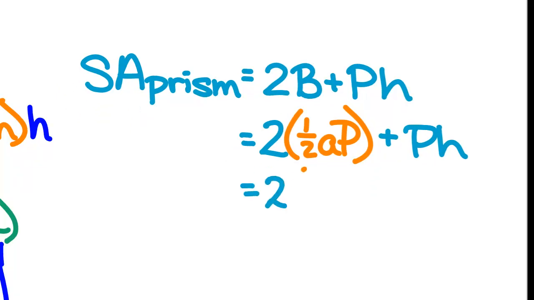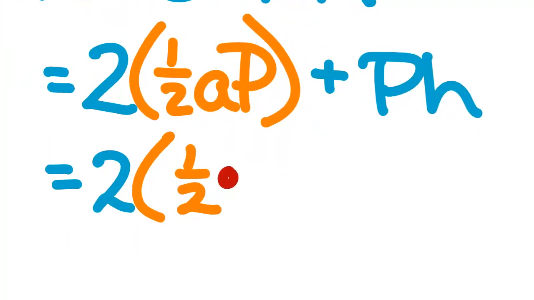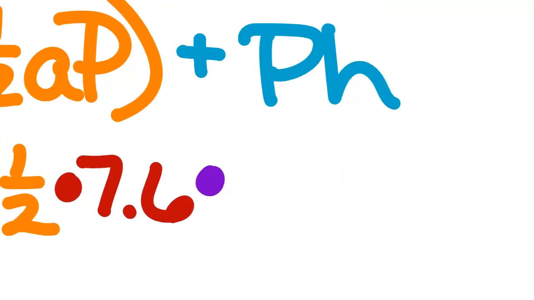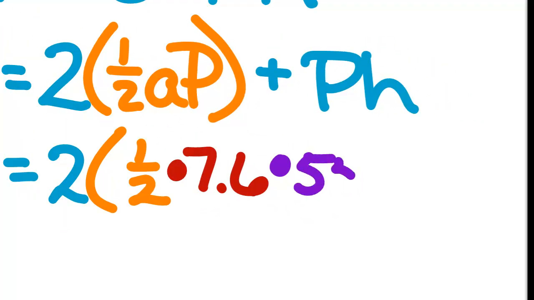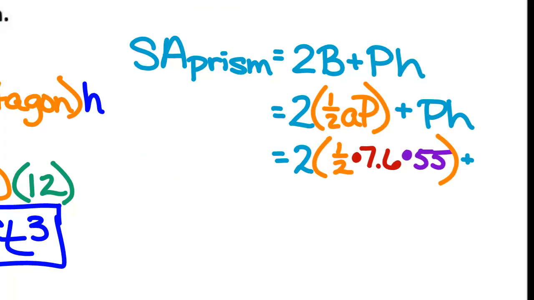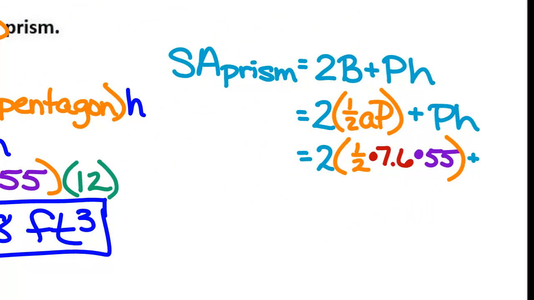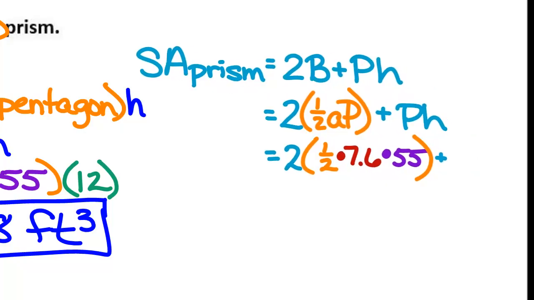So I have 2 times 1/2 times, what was our apothem again? 7.6 times the perimeter, what was that? 55. Plus the perimeter of 55 times what? Times 12.